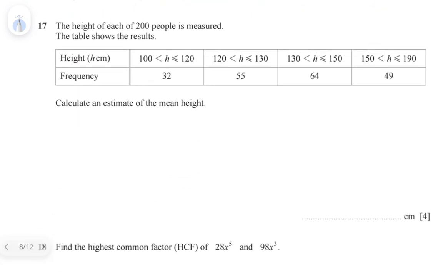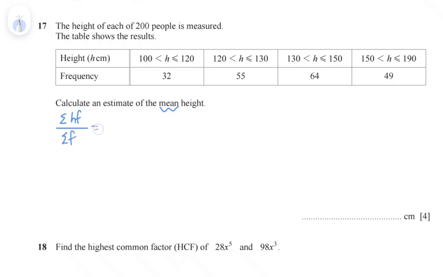Now looking on to question 17, we are asked to find the mean of a grouped frequency table, as we have a range of values that the height could be for each class. So the formula for this is the sum of HF, where F is frequency, over the sum of frequency.